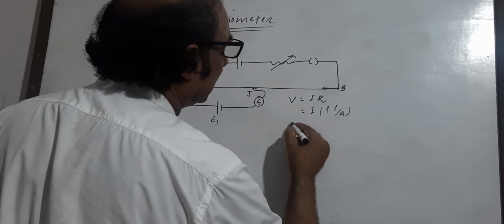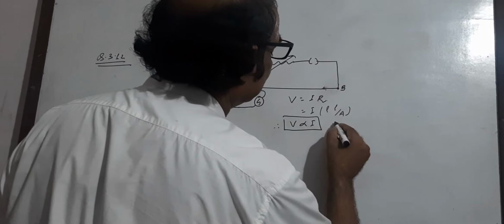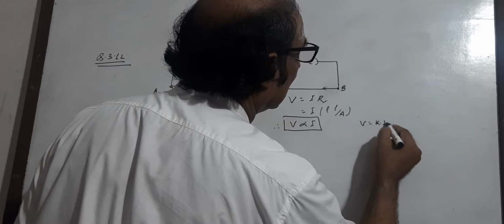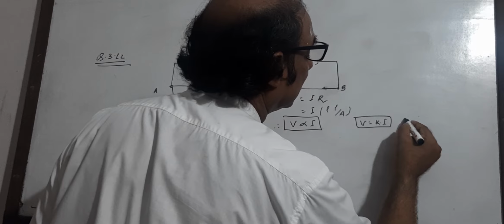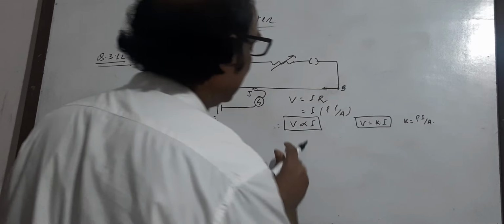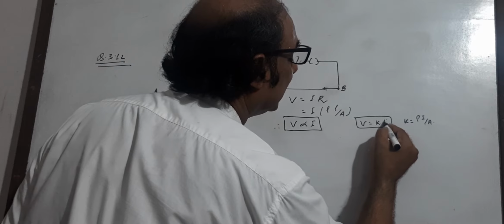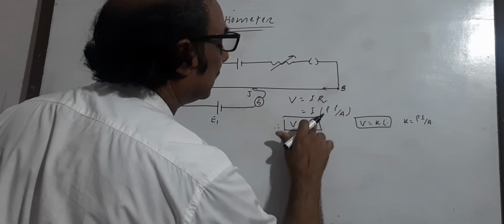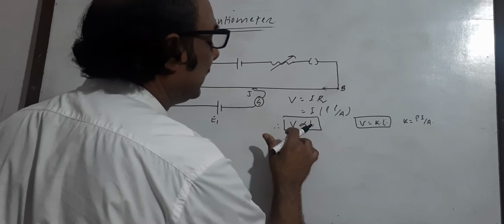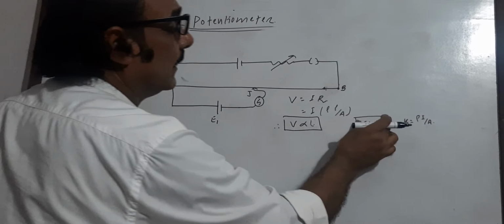It is also noted that V is proportional to I, and this is the principle of the potentiometer, where V equals K into I, and here K equals rho L by A. Also V is proportional to L. So the potential difference is directly proportional to the balancing length, and V by L is equal to a constant, which is also known as the potential gradient.